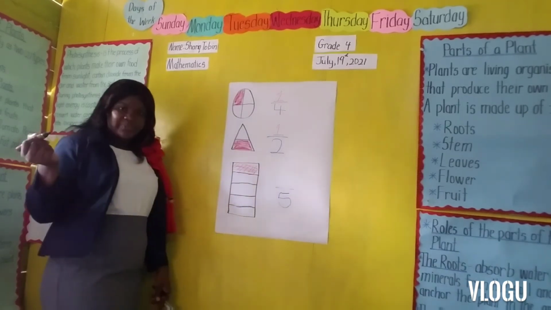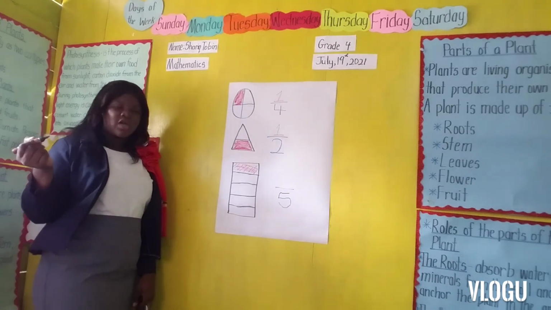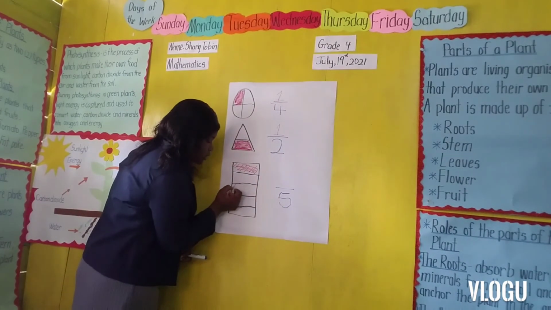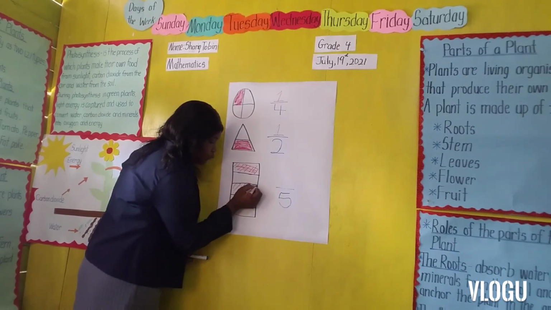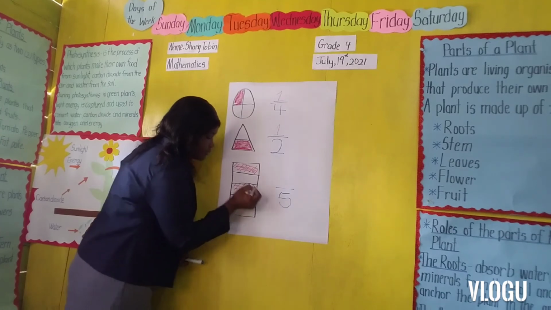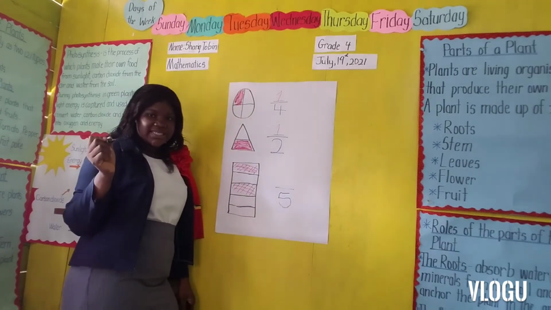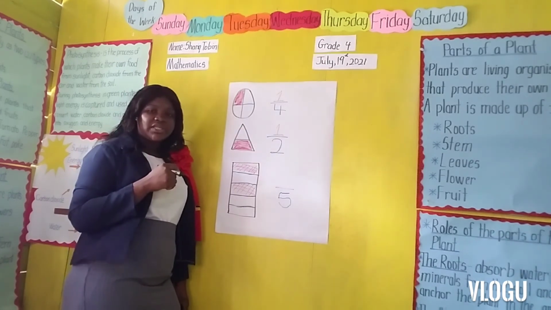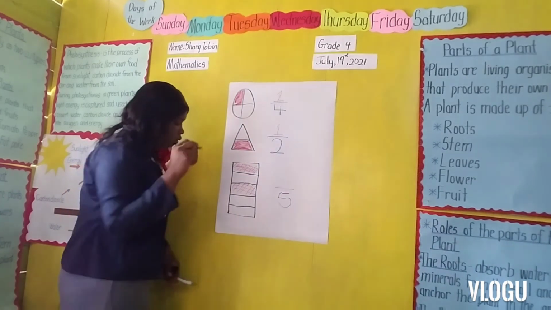Is this 3 pieces? No, we have to do another. Okay, let's go. This is 3 pieces, class. How many more should I shade? 1 more, okay.